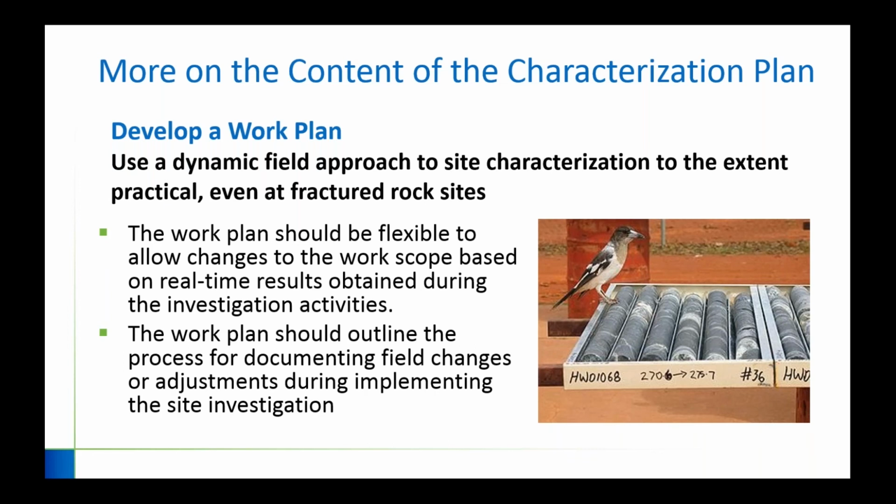So you have to establish a process for what to do if something unexpected happens. If you think you're starting on the periphery where you don't expect much contamination and then suddenly you find DNAPL, who do you have to call? That situation probably isn't something that the field team leader should handle on his or her own. That probably would involve the whole project team.